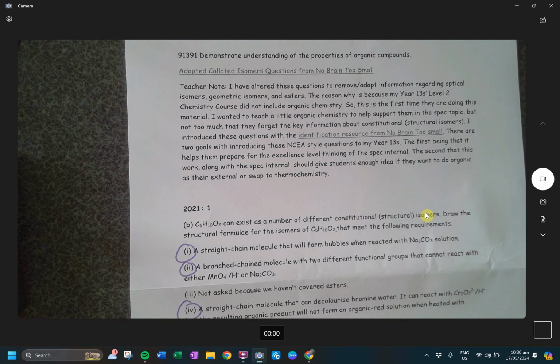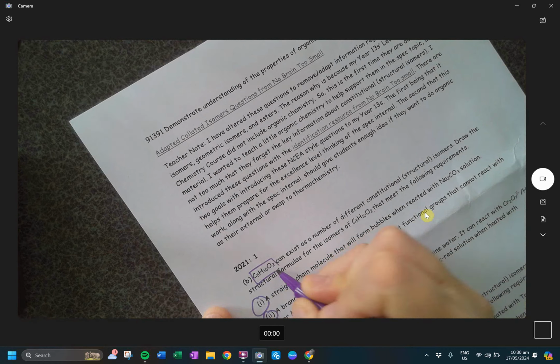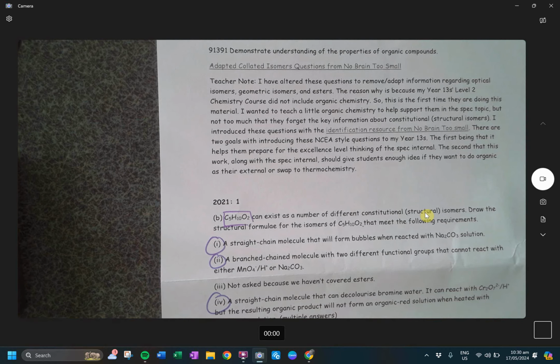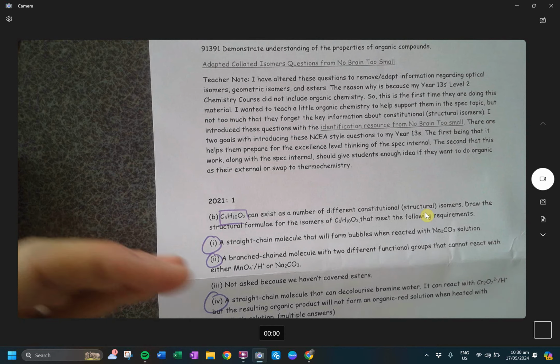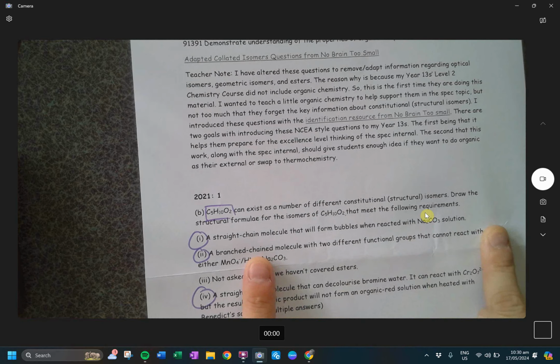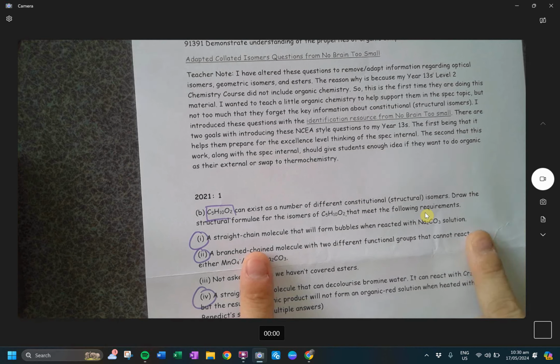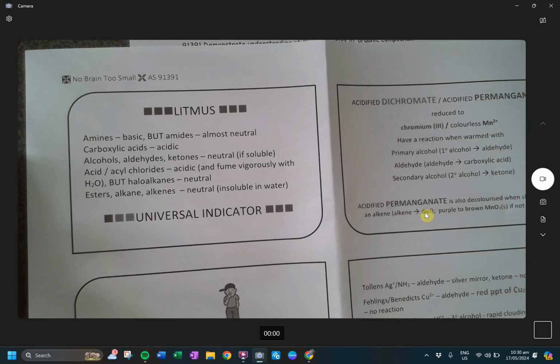These three questions are basically identifying three molecules. They have given you the molecular formula to get you started. And with that molecular formula, for each example they have given you some hints. With these hints, you have this resource sheet to decode what that hint means.